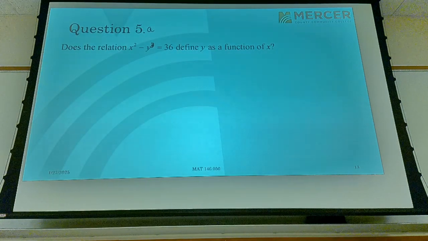Using similar logic from before, you're going to get x squared minus 36 is y cubed. What would you do? How would you solve for y?